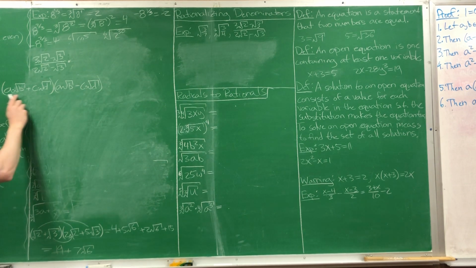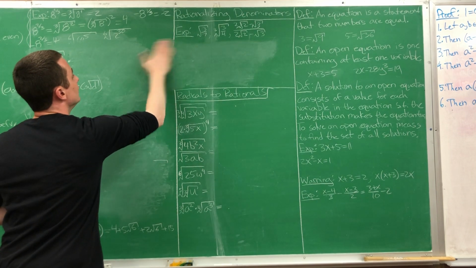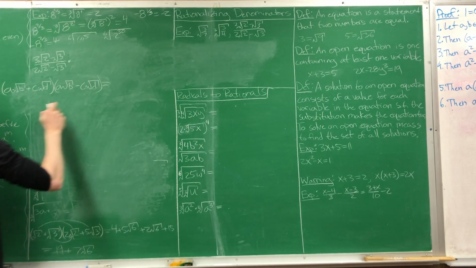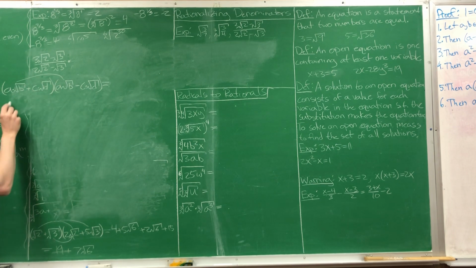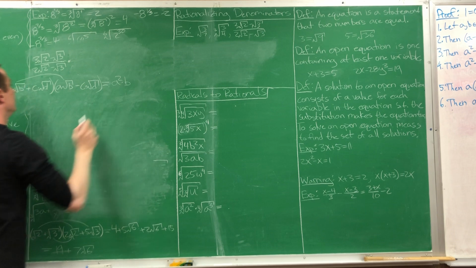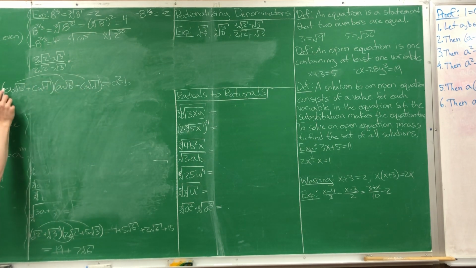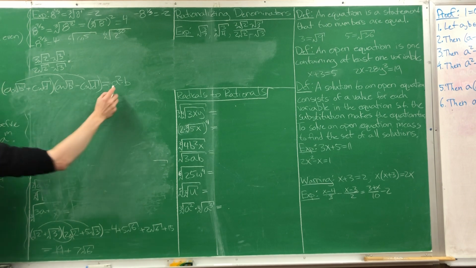The amazing thing is when we do this, all our square roots are going to cancel out. So let's see that. That term to that term, what do we get? We get a squared times b. Multiply this to this, we get negative a c squared root of b times d.